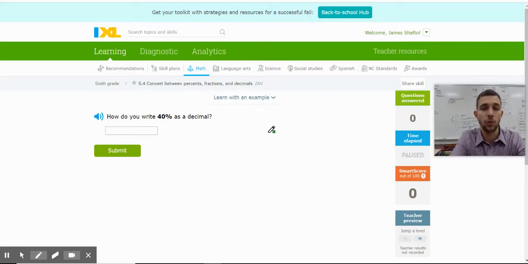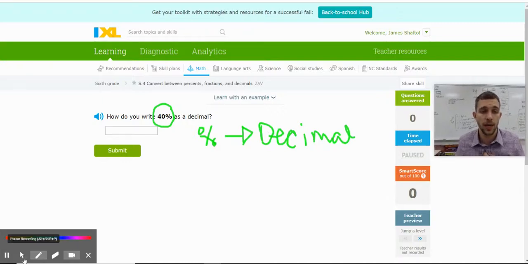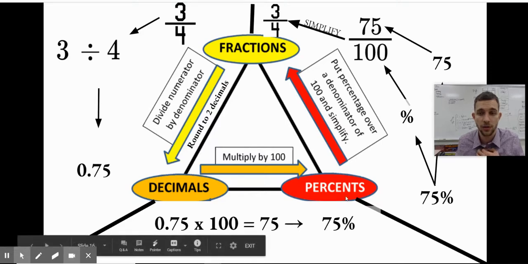In this question, we're asked to take 40% and find a decimal. If we go back to what we were looking at before, we know that we're starting with a percent, so we need to go to a fraction and then to a decimal.